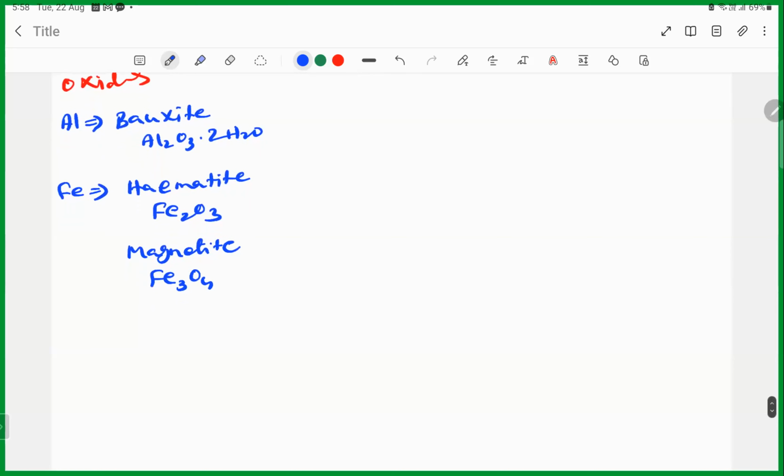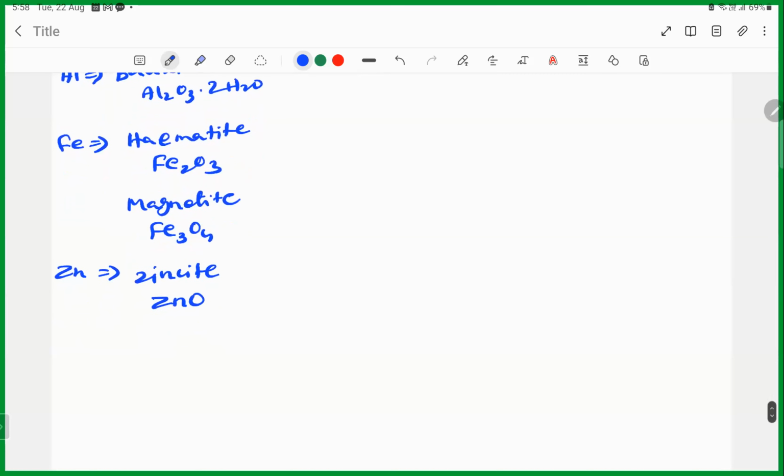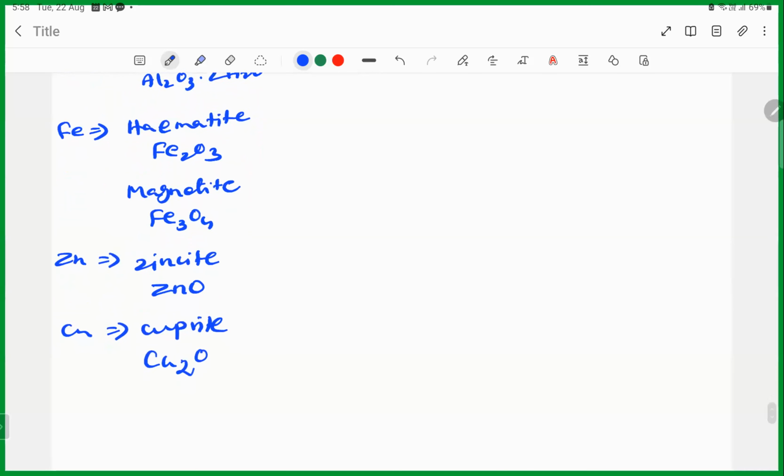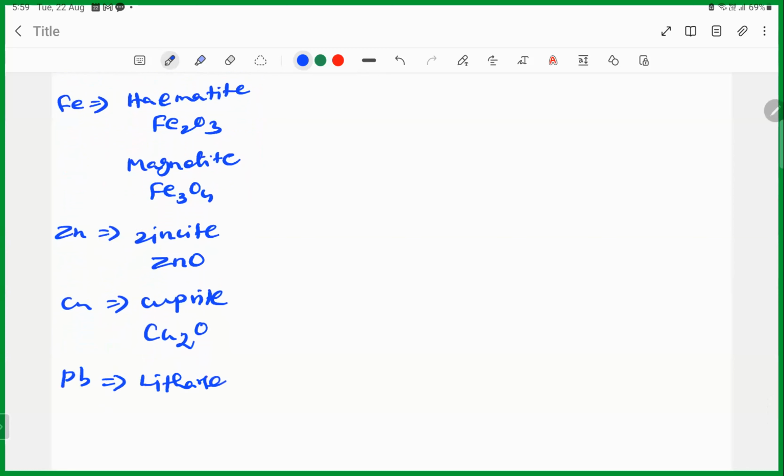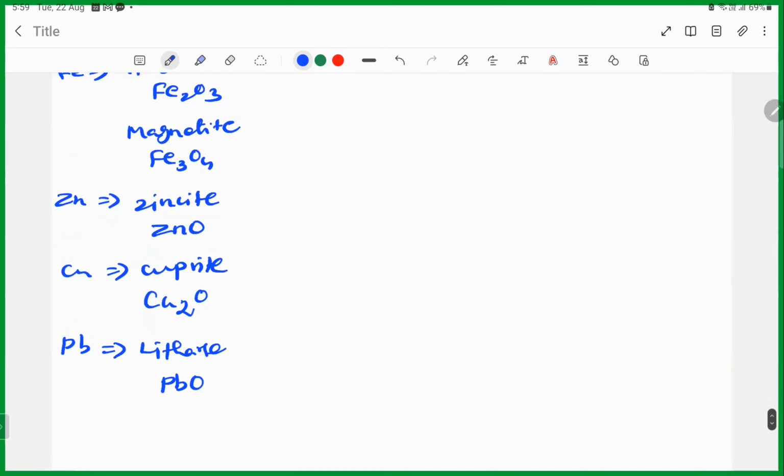Okay. And then zinc, it will be zincite, ZnO. Then copper, cuprite, Cu2O. And then lead, litharge, it becomes PbO. Okay, these are the oxide ores.